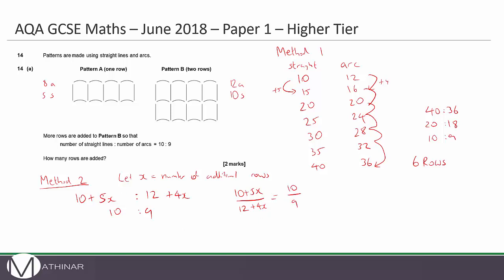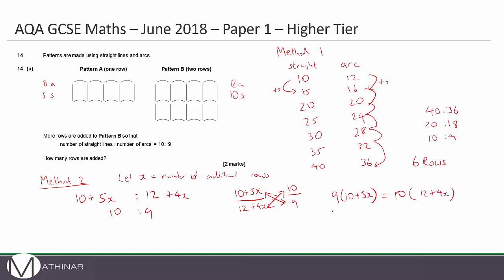Okay, so if these two ratios are equal, then that number divided by that number must be the same as that number divided by that number. So now we have a fraction equals a fraction. We can solve this equation by doing a method called cross multiplication. So we multiply the top of the left by the bottom of the right hand side. So that's 9 times 10 plus 5x. And that's going to be equal to the bottom of the left times the top of the right. So that's 10 times 12 plus 4x.